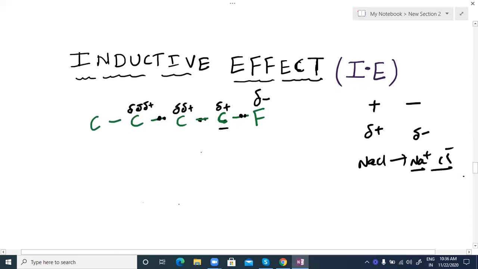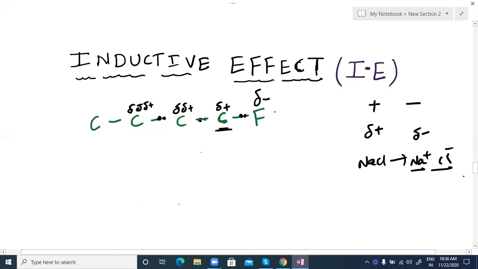Therefore more electron deficiency is there. The next one is less, and the next is still less. The numbers 1, 2, 3 I wrote just indicate the first, second and third carbon, not more positive character. The first carbon is more positive because it is directly attached to the electron withdrawing group, the electron taking group.